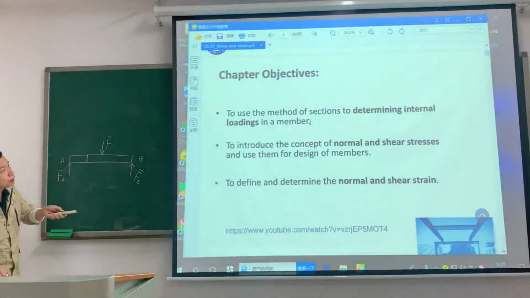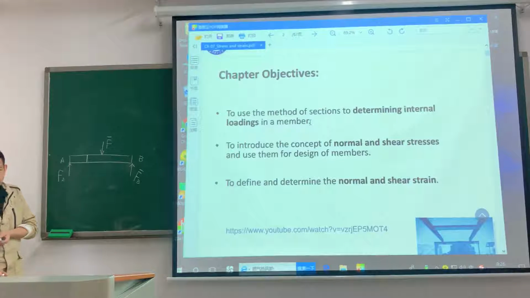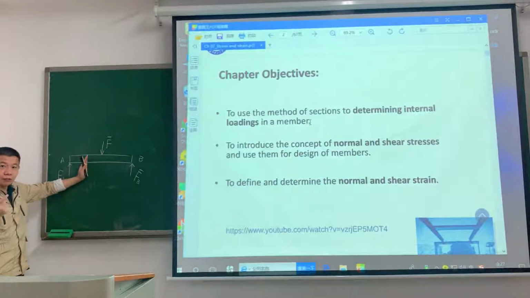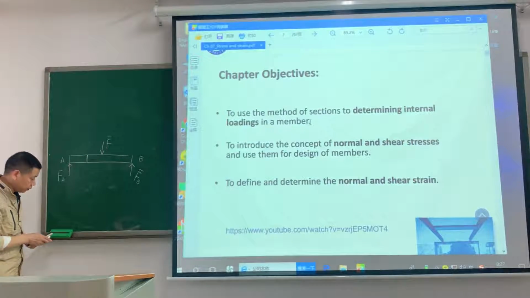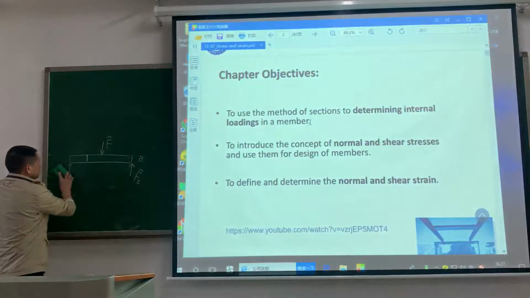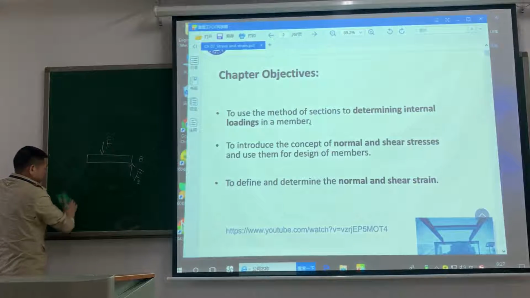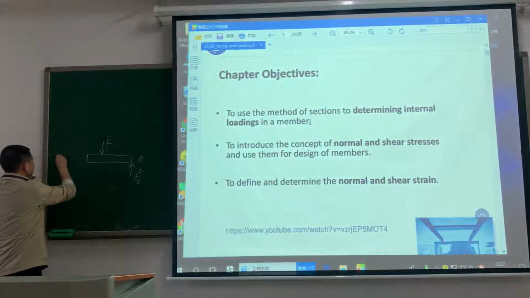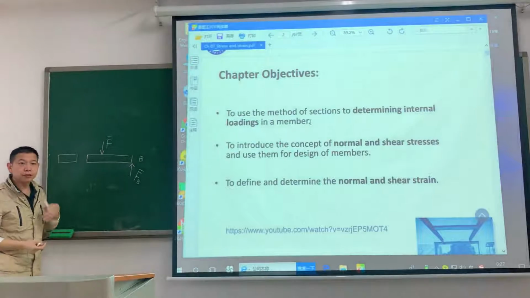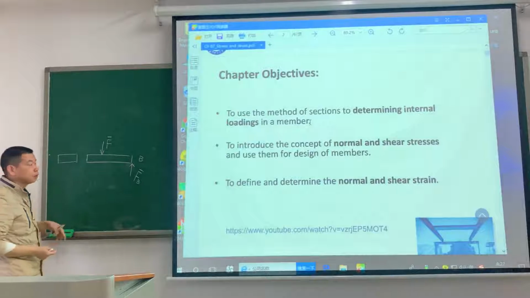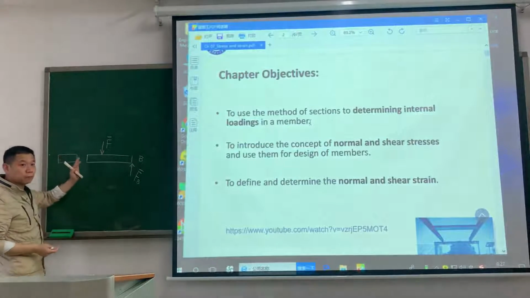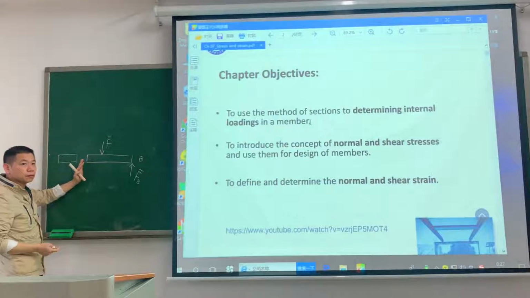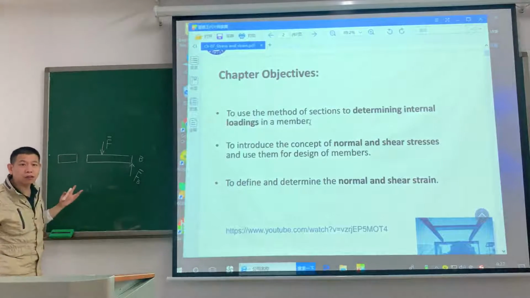The internal loading, or the internal force, is the force acting in the member. Suppose we cut the pin, imagine. When you imagine cutting the pin, it is separated into two parts.